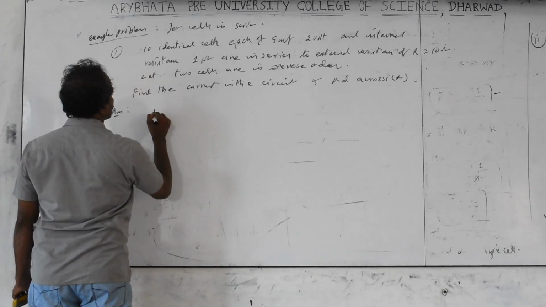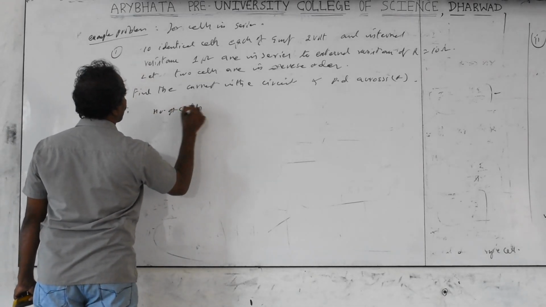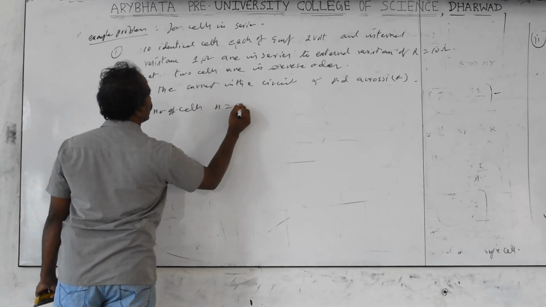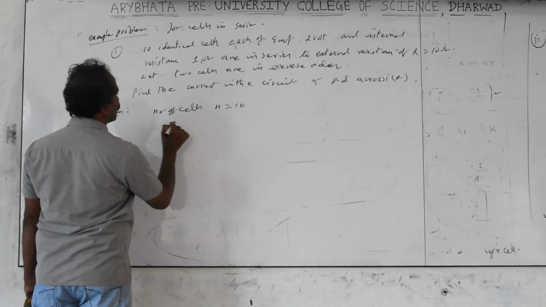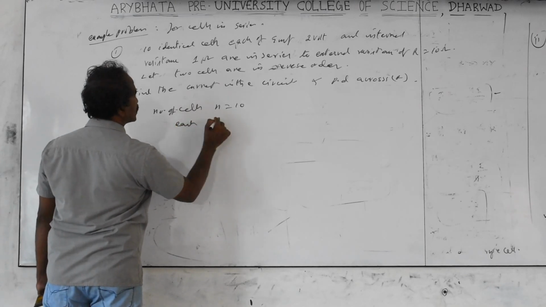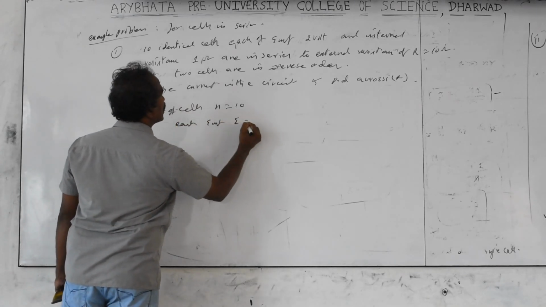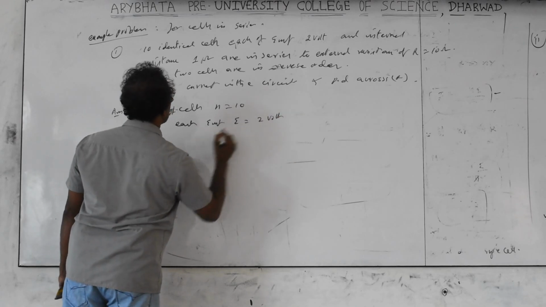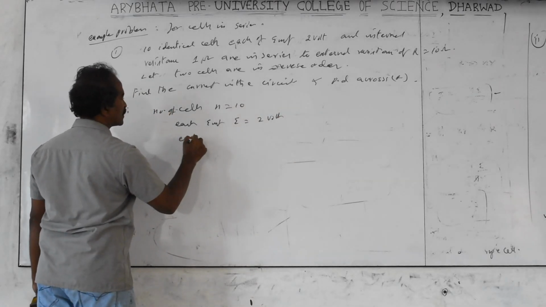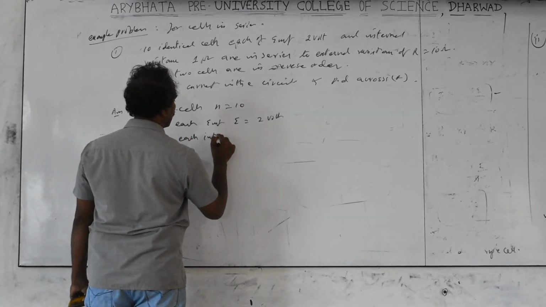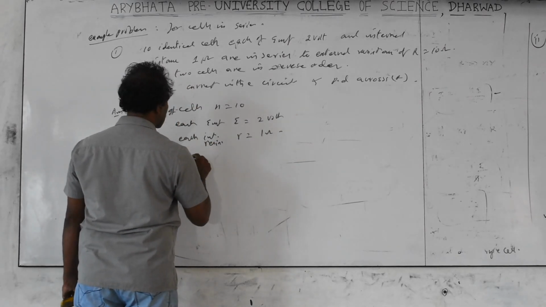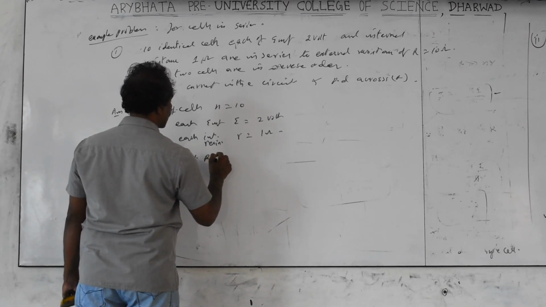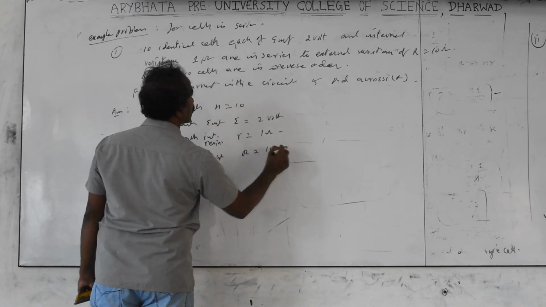Number of cells n equal to 10. Each EMF is equal to 2 volt. Each internal resistance r equal to 1 ohm. External resistance R is equal to 10 ohms.